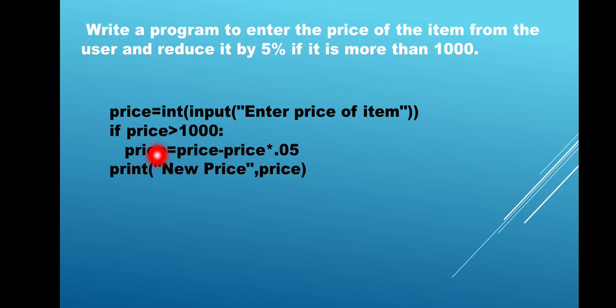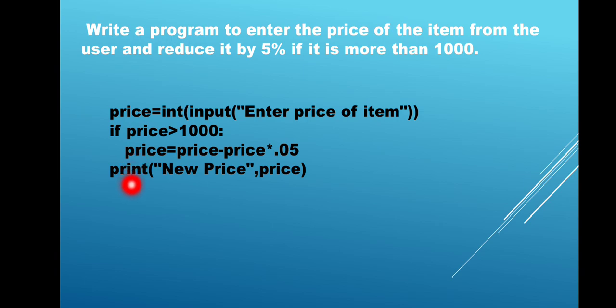Inside the body of if, we have written price is equal to price minus price into 0.05. That means I am reducing the value of price by 5% and again storing it in the variable price. But this line will be executed only when this condition is true.